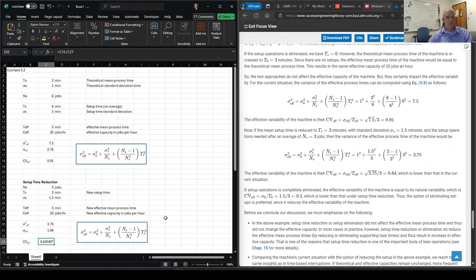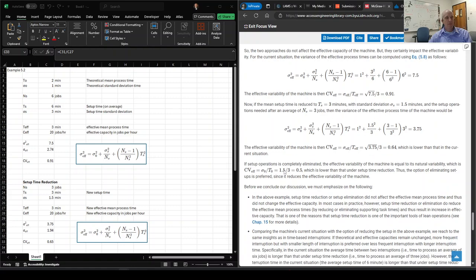And that is 0.64. We have 0.65 in the book, a little bit of rounding difference. The book does not take into account more decimals beyond 3.75. So we're a little bit more accurate than the book, but we're there. We have the effective variability of the machine.